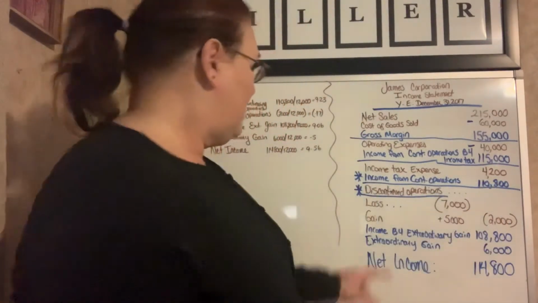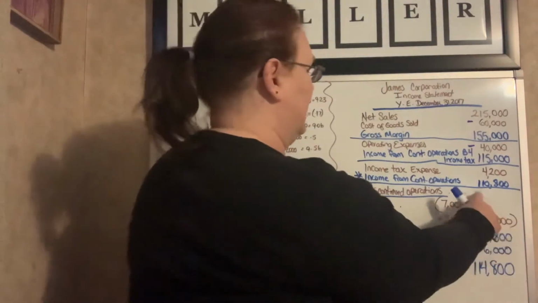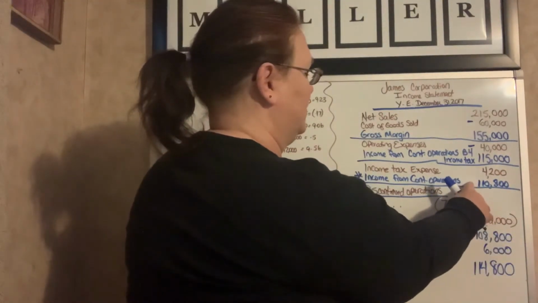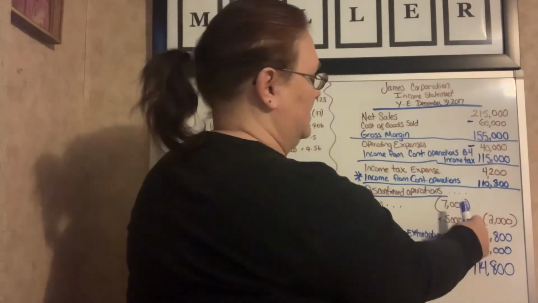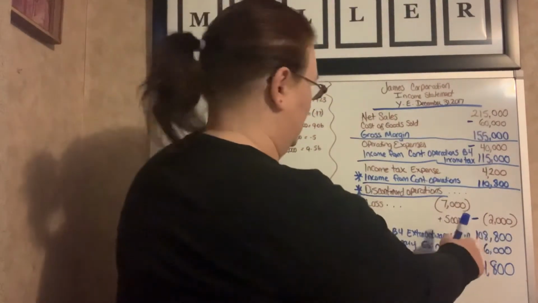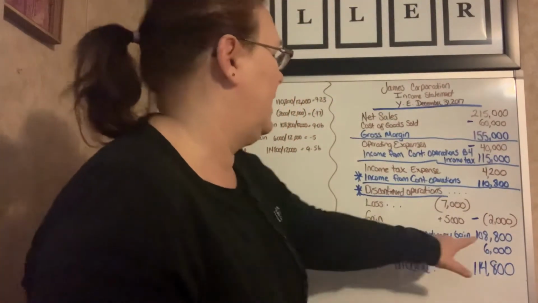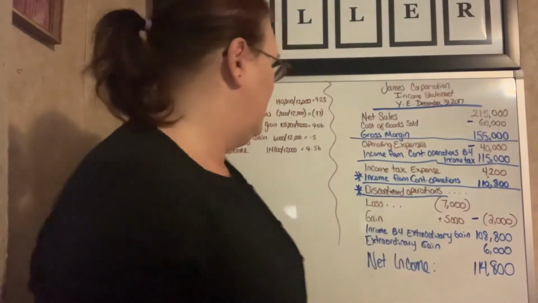So now when we get to this income before extraordinary gain, we have to take the income from continuing operations, which is this number, 110,800, minus, this is a subtraction because it's a negative number, minus 2,000 gets you an income before extraordinary gain of 108,800.